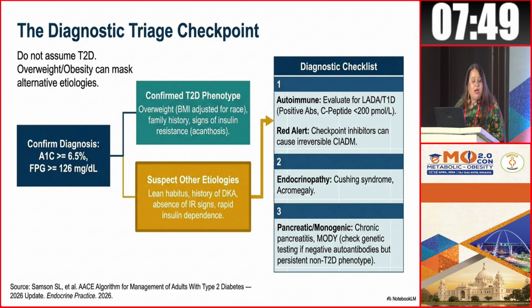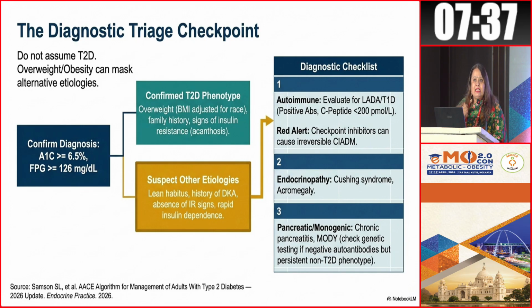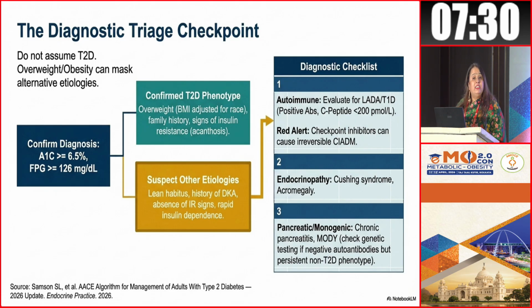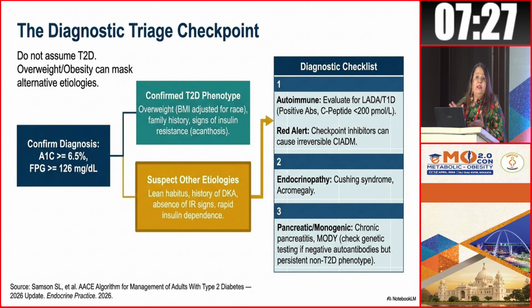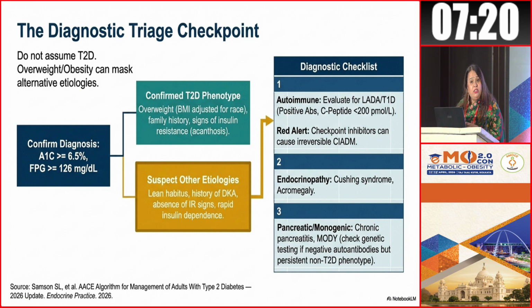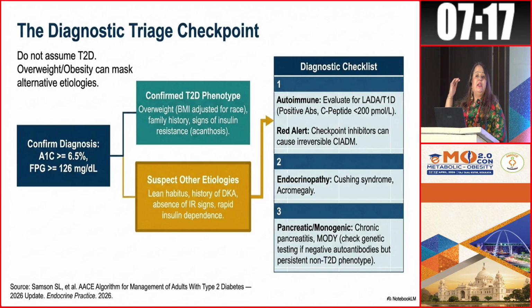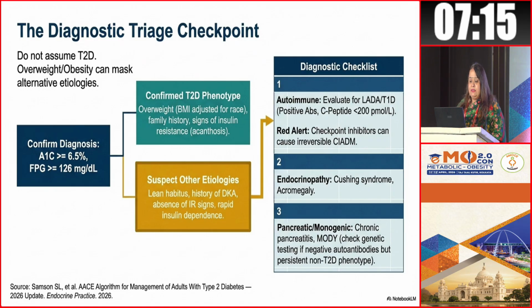Overweight and obesity can mask alternative etiologies, so confirm the diagnostic criteria first of all, and then if it's confirmed, look at the phenotype of type 2, look at all the signs of insulin resistance, overweight, obesity, family history, etc. And then suspect other etiologies as well, like in a lean person, or history of DKA, absence of insulin resistance signs and insulin dependence, and then do the entire workup for type 1 diabetes as well.